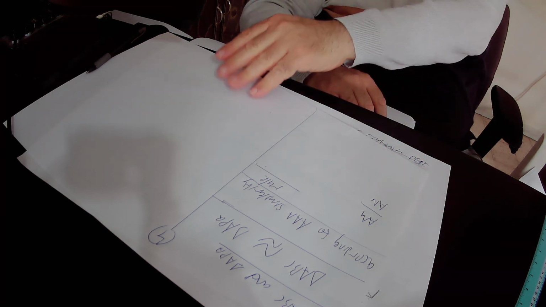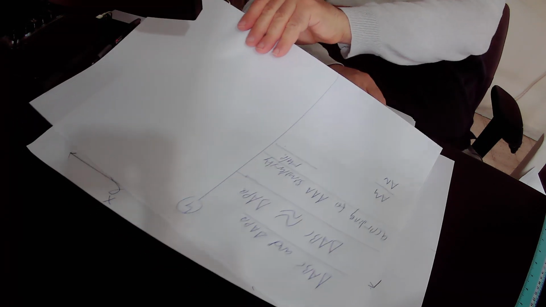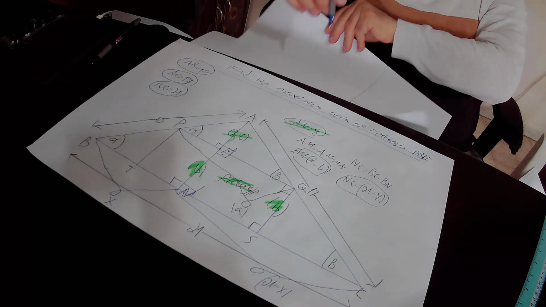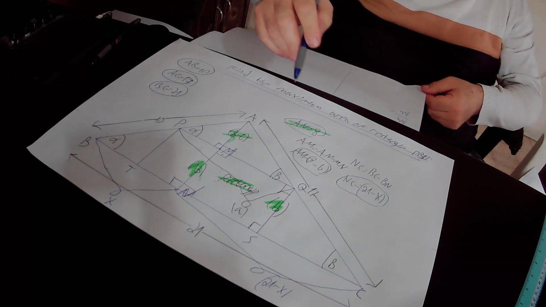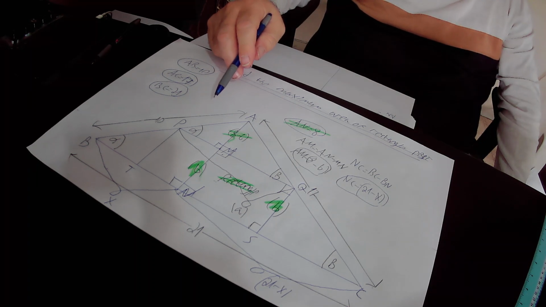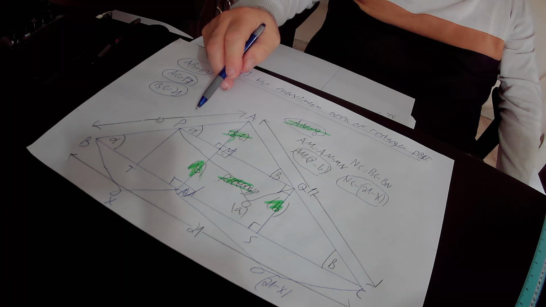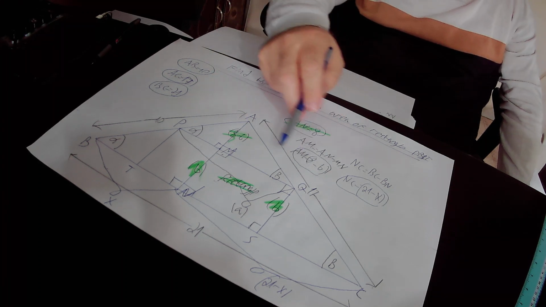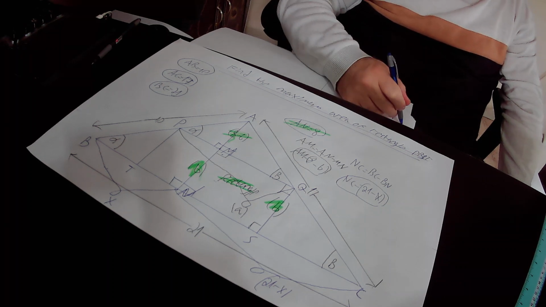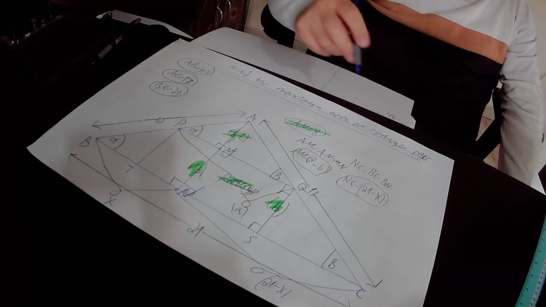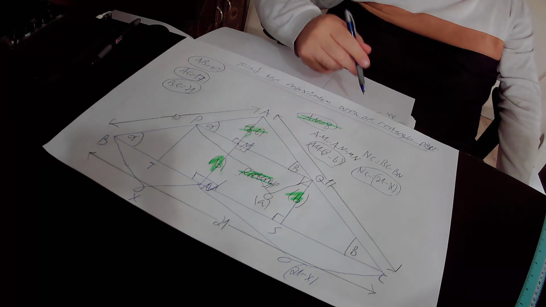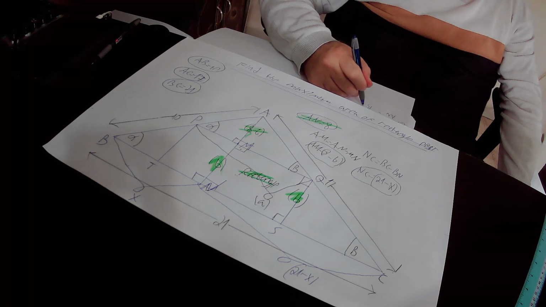So the ratio between their heights must be equal to the ratio between their corresponding sides, that is to say, side PQ in the small triangle APQ over side BC in the big triangle ABC.